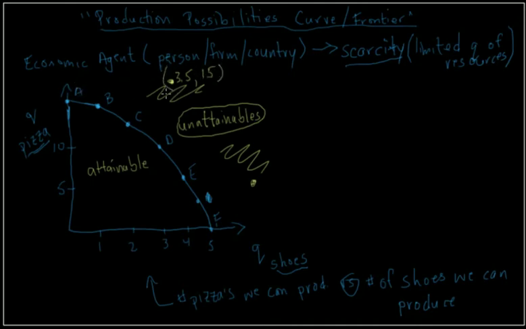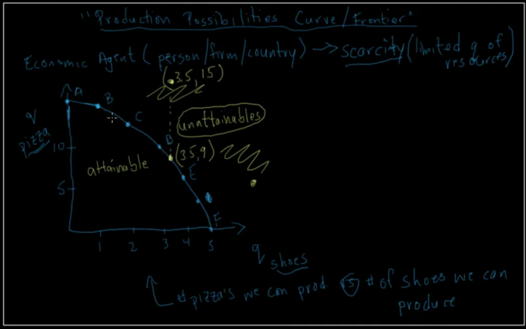We do not have the required amount of inputs as dictated by our production possibilities frontier to sustain this type of production. The maximum amount we could do, if we follow all the way down, would be right here: 3.5 pairs of shoes and about 9 pizzas. That would be attainable.